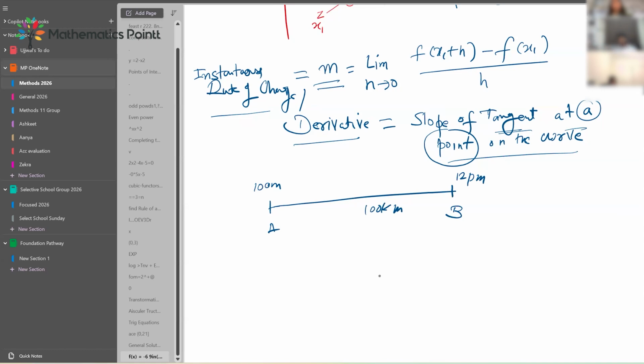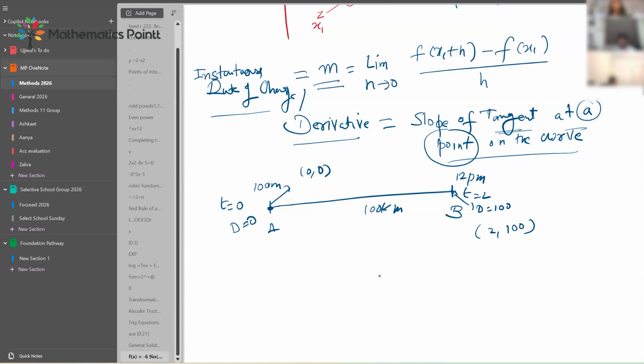I ask you, what is the rate of change? At this point, let's say you started at t equals 0. So this must be t equals 2 because it's 12 p.m. Distance here is 0. Distance here is 100. So this point has the coordinates 0, comma 0, and this one has 2, comma 100.